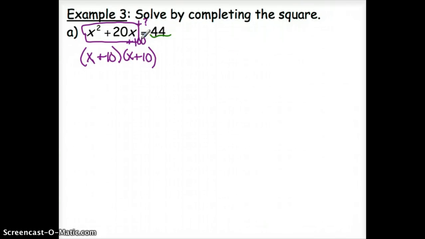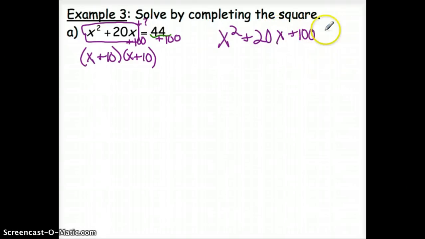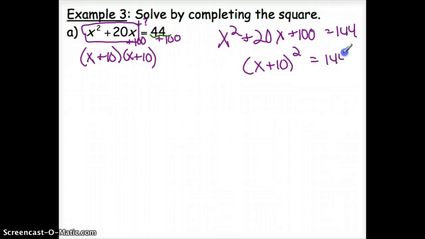But I cannot just arbitrarily add 100 to the left side if I don't add 100 to the right side. So I'm going to go ahead and add 100 to the right side. Then I have x squared plus 20x plus 100 equals 144. Why I like this is because this left side is now a perfect square. This is x plus 10, the quantity squared, equals 144.